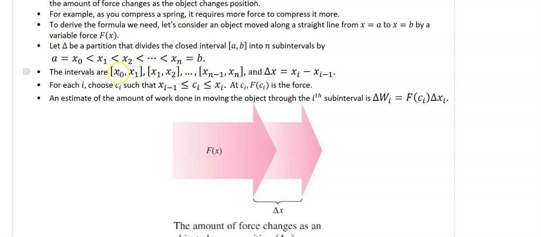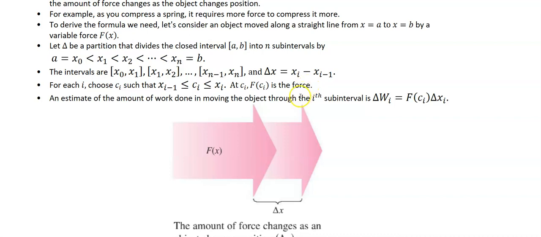Those intervals will be x of 0 to x of 1, x of 1 to x of 2, all the way down to x of n minus 1 to x of n. Delta x is the width of each interval, so x of i minus x of i minus 1 for any i. We're going to choose c sub i to be a point between x of i minus 1 and x of i, where f of c sub i is the force at that point.